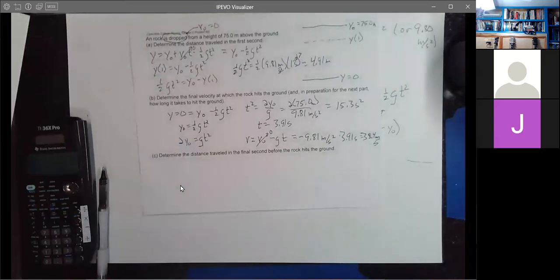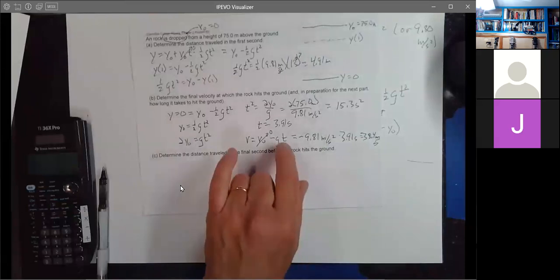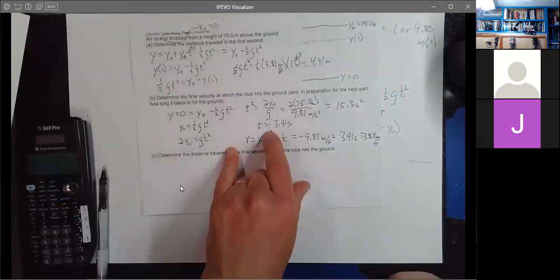Okay, now, how about the distance traveled in that final second before the rock hits the ground? How could I figure that out? Well, I know the time that it takes to hit the ground.